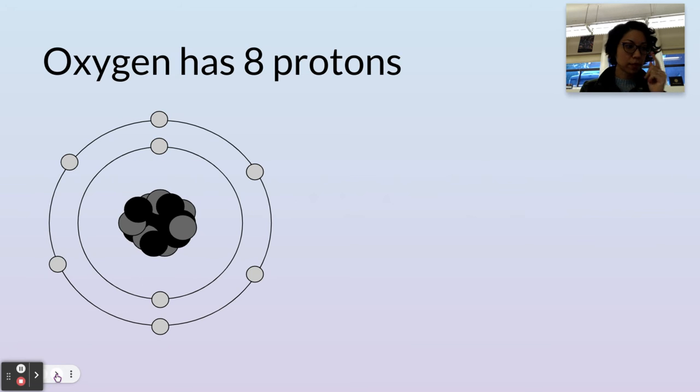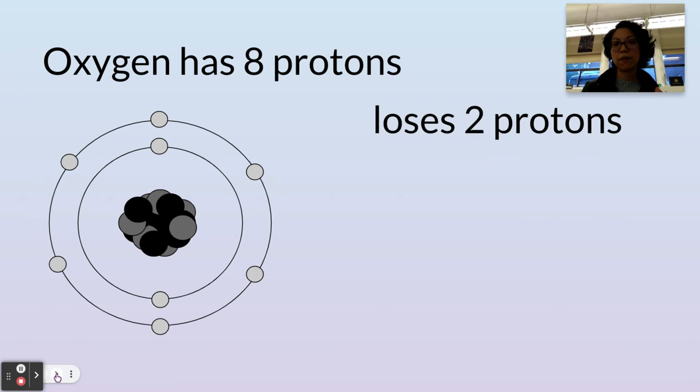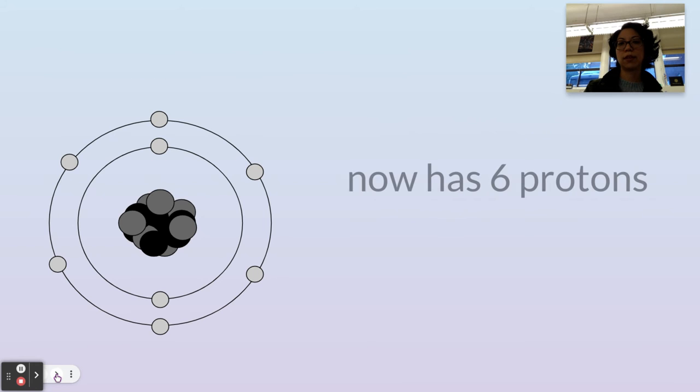Okay. So here's a couple examples. Oxygen. There are radioactive versions of oxygen. They're not common, but there are. It has 8 protons. If it lost 2 protons because it went through alpha decay, now it has 6.